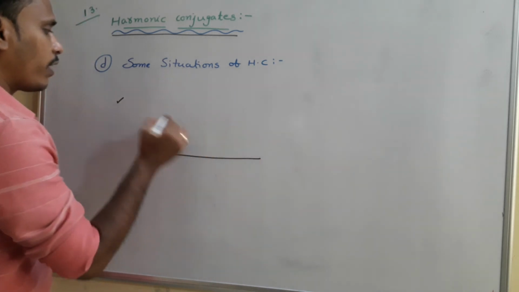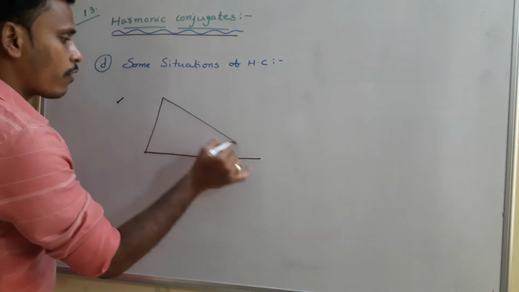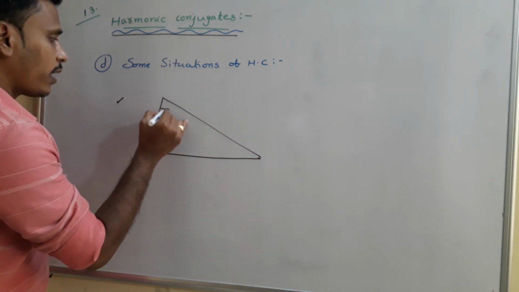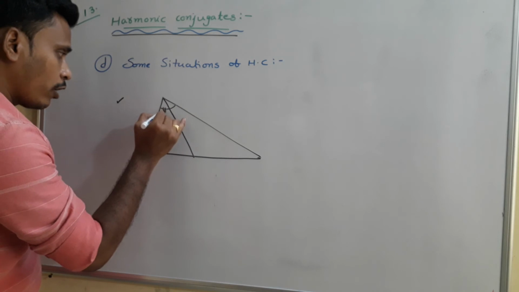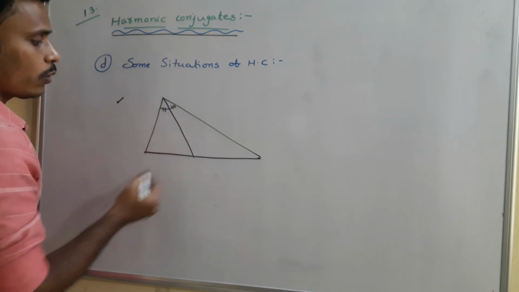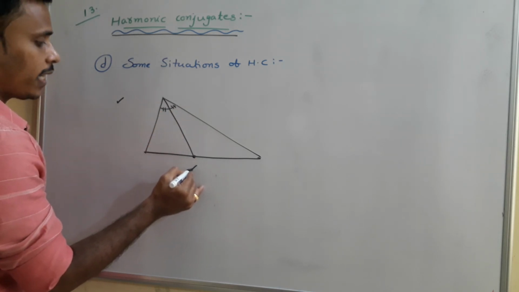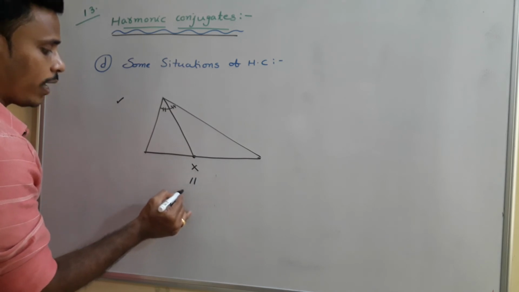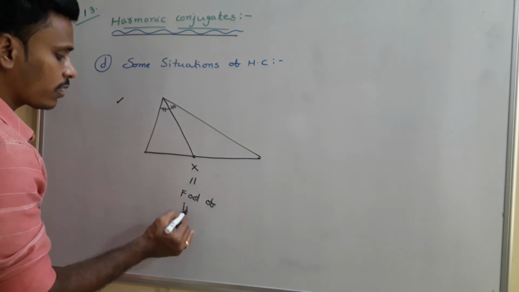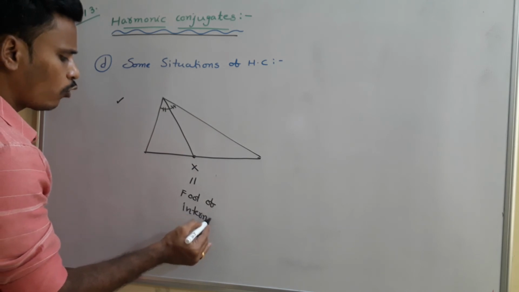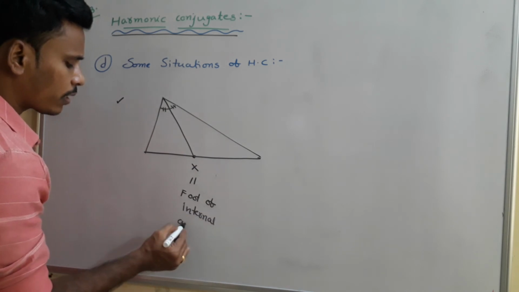Suppose we have a triangle, and for the triangle you take the internal angle bisector. These two angles are equal, and this point you may call X, and that X is known as the foot of the internal angle bisector on side BC. Foot in the sense it is the lowest point.